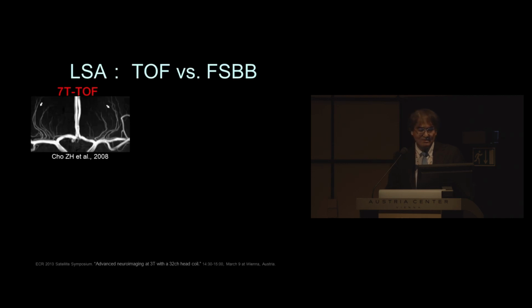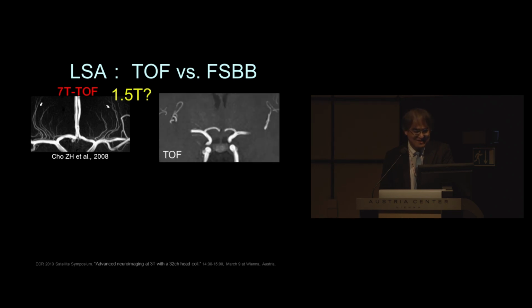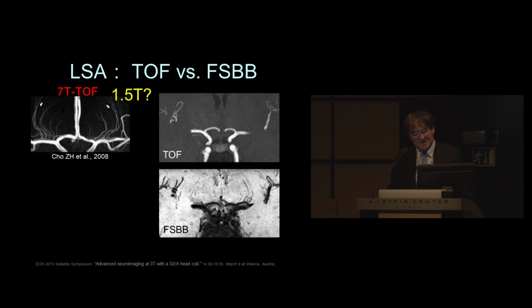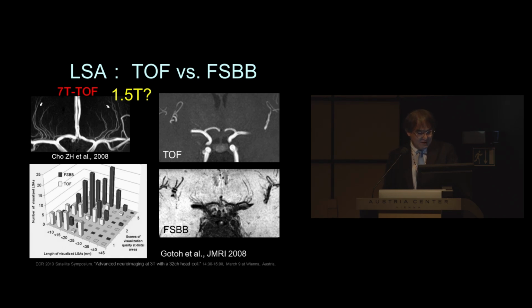We tried it. As for the time of flight, the visualization is so scarce and not easy. However, if you choose FSBB, much better visualization of lenticulostriate arteries. When we compare them more quantitatively, as for the number of visualized LSA branches, time of flight numbers are very small, around 5 or something, and FSBB much more.